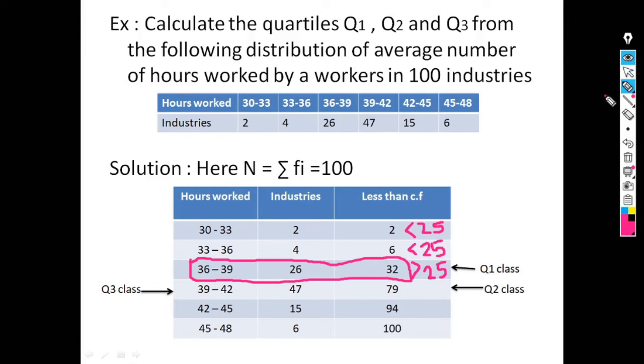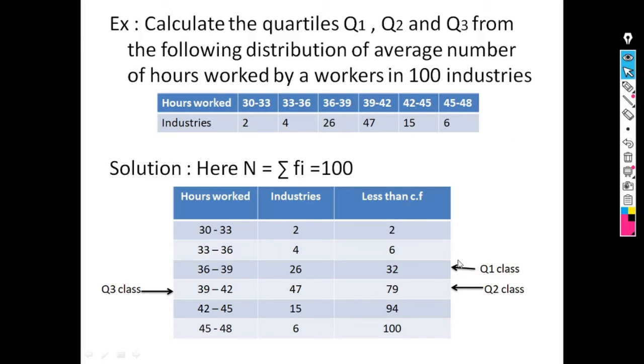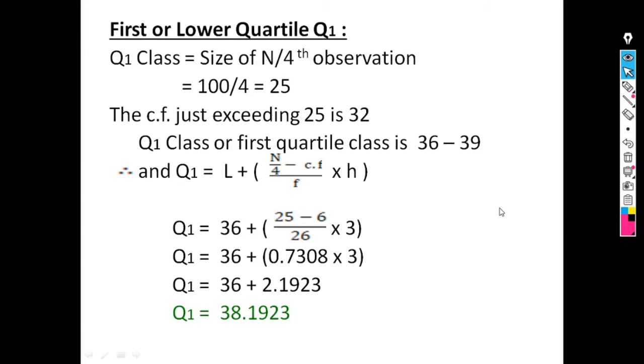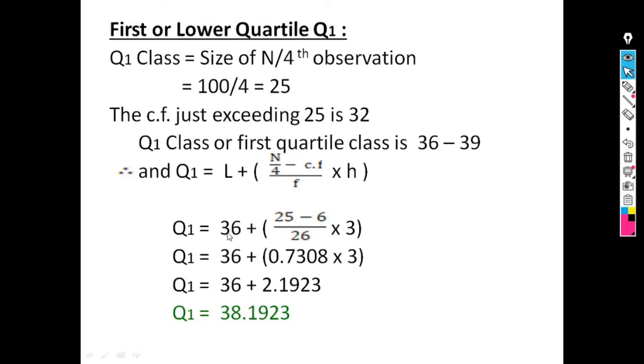Now the formula for the first quartile is Q1 is equal to L plus (n by 4 minus Cf) upon f into h. So L means lower limit of the quartile class. This is our Q1 class, its lower limit is 36. N by 4 is already calculated, that is 25. Minus Cf.